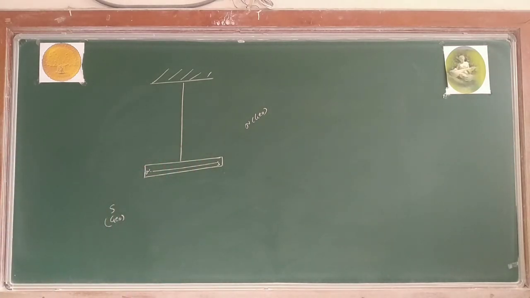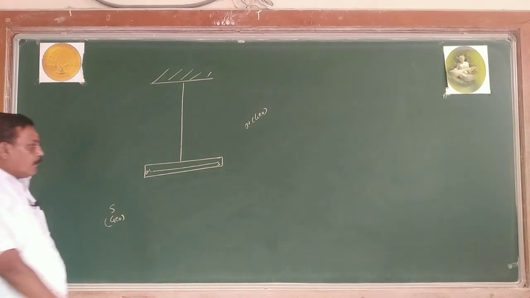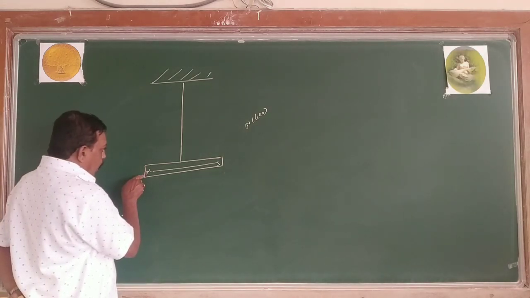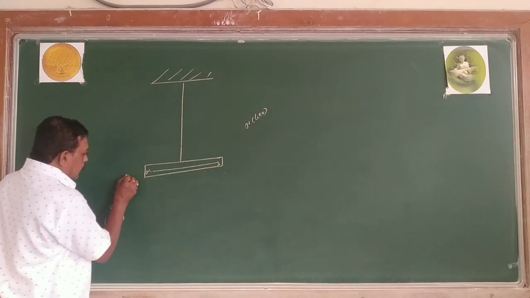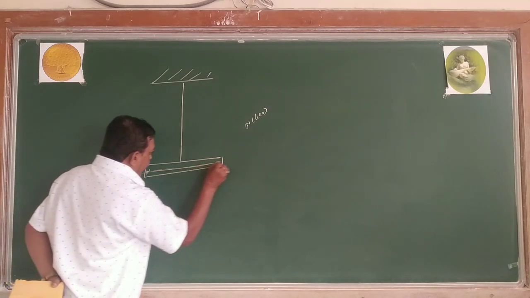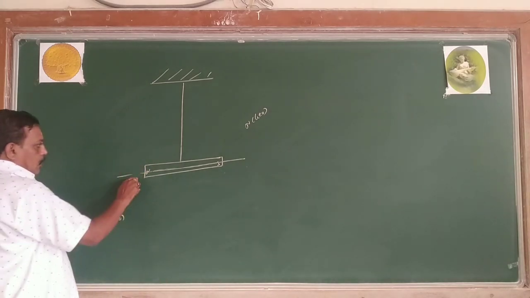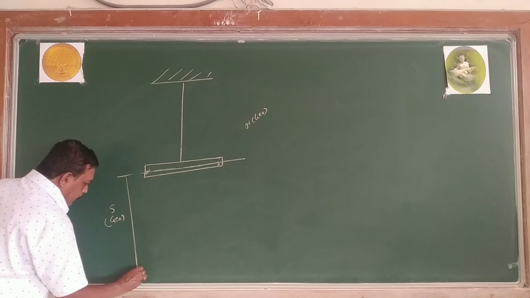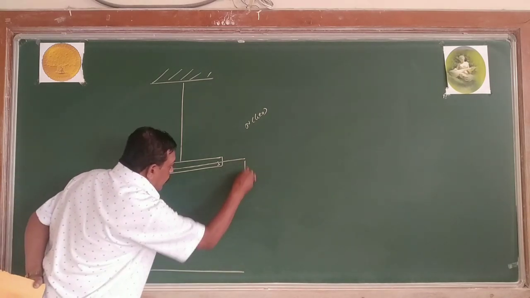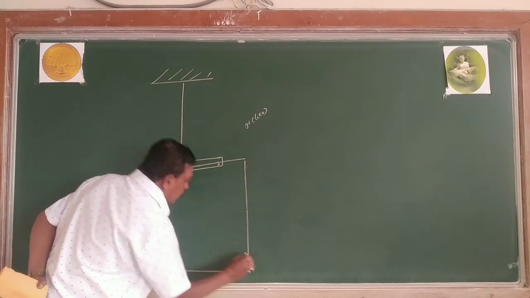If I draw the plane which is passing through the north and south of a suspended bar magnet, now this is the plane which contains the north and south of a suspended bar magnet. Now this plane is called magnetic meridian.